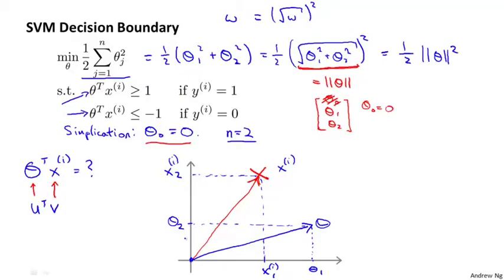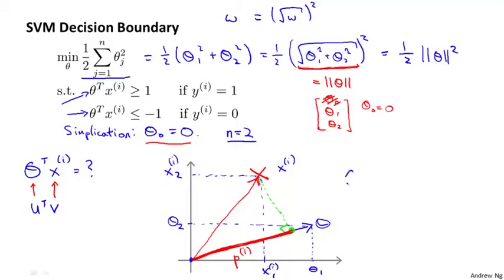Well, using our earlier method, we take my example and project it onto my parameter vector theta, and then I look at the length of this segment that I'm coloring in red, and I'm going to call that P superscript i to denote that this is a projection of the ith training example onto the parameter vector theta.